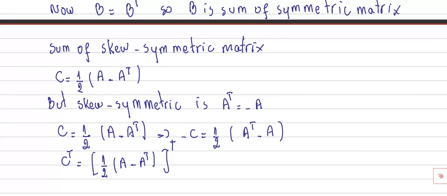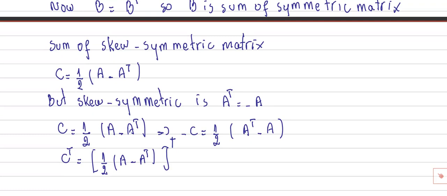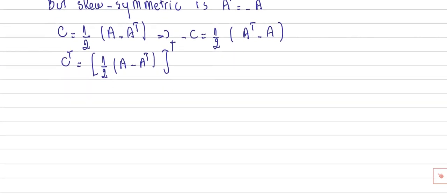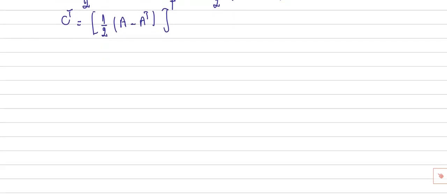So I just write about the C transpose. C transpose is equal to 1 over 2.